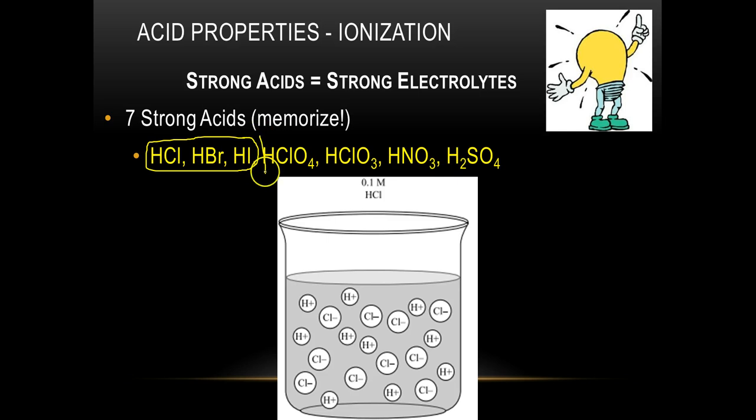And then you get to the chlorates, HClO3 and HClO4. So those are 2 of our strong acids. And then these are your little anomalies that don't have any pattern necessarily that you recognize yet. So we have nitric acid and sulfuric acid. This is one of our only multiprotic acids that is a strong acid. So if you have all 7 of these memorized, anything else that we say is an acid is weak.